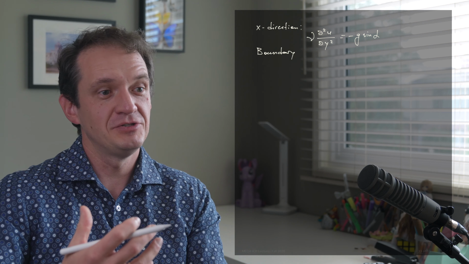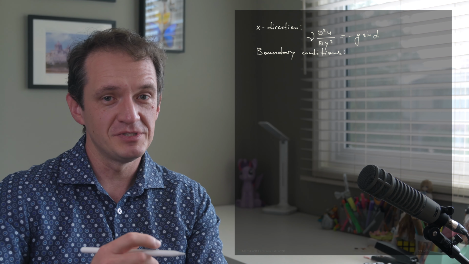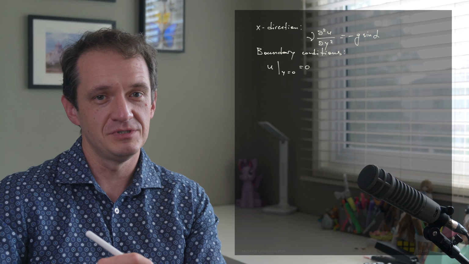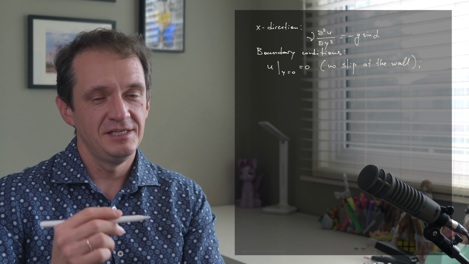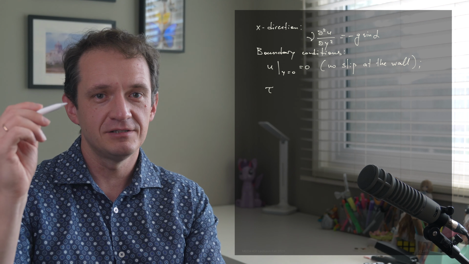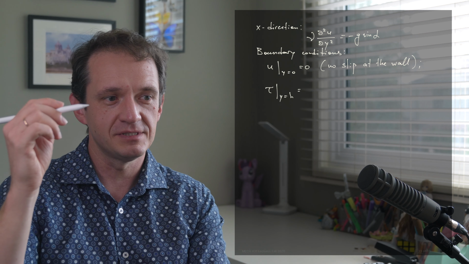If we integrate this equation twice with respect to y to find u, and substitute the boundary conditions, remember, there is no slip, so u is equal to 0 at the wall, and the shear stress equals 0 at the interface with the gas at y equals h.